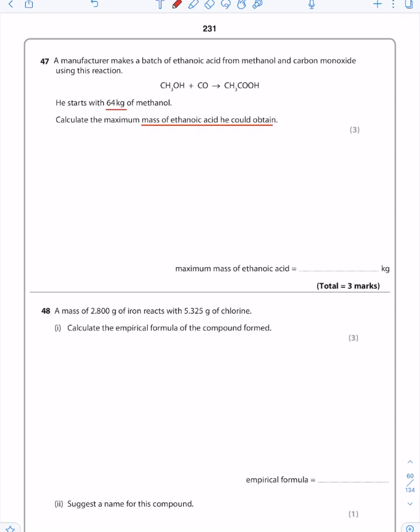So the first step, we use the law moles equal mass over MR to get the moles of methanol.